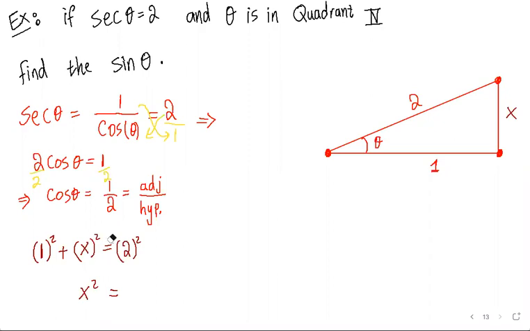Let me do it step by step. So 1 plus x squared equals 4. Subtract the 1 from both sides, get x squared equals 3. Take the square root of both sides, x equals square root of 3. We choose the positive because length is always positive. So this is square root of 3.